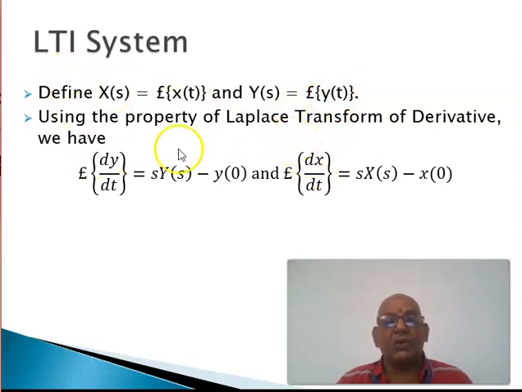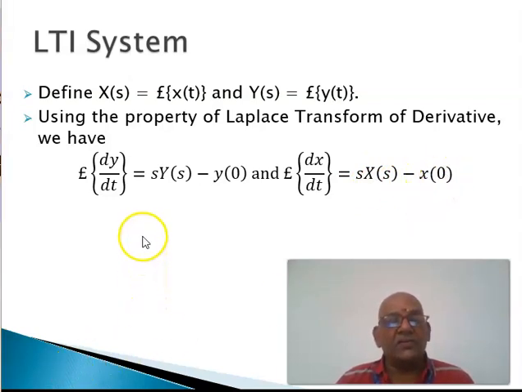Then using the property of Laplace transform of derivative that we have already seen perhaps in video 9, you can write Laplace transform of dy by dt is sY(s) minus value of y at time t equal to 0. Similarly, Laplace transform of the derivative dx over dt is equal to s multiplied by X(s) minus x at time t equal to 0.